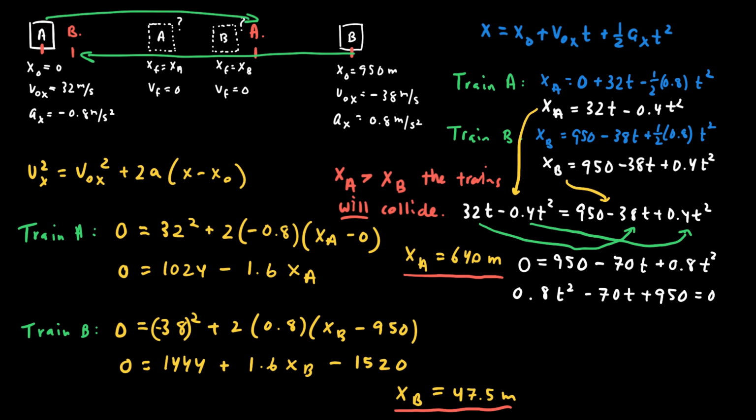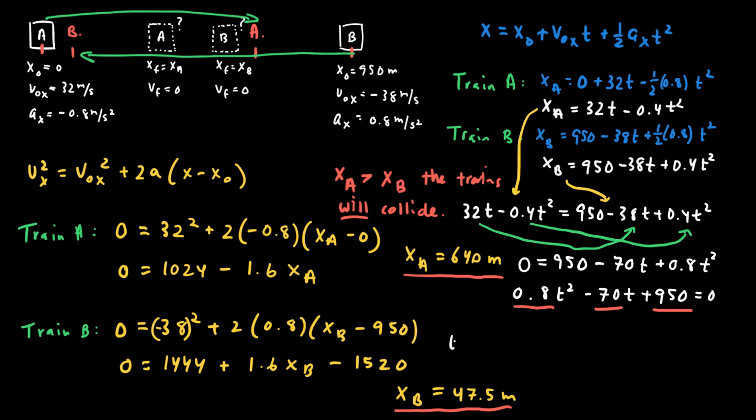And so this is a quadratic equation in which the first coefficient is 0.8, the second coefficient is negative 70, and the third coefficient is 950. And so we should be able to use the quadratic equation in order to solve for t. Now, I am not going to write out all of the numbers into the quadratic equation. My calculator can solve for t here.